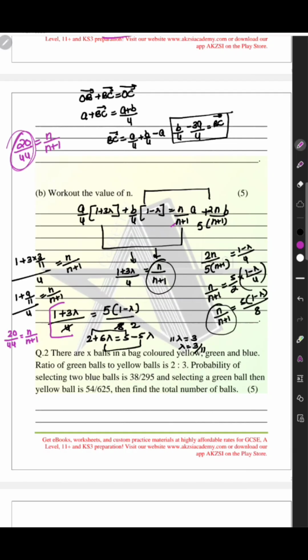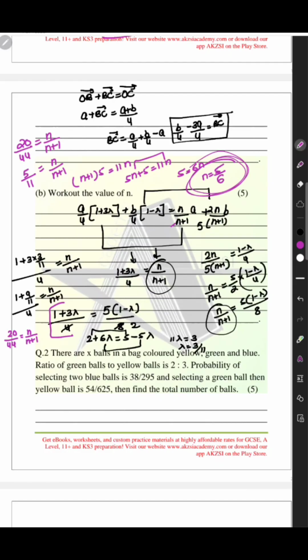Simplifying this one, divide by 4, we'll get 5 over 11 is equal to n over n plus 1, cross multiplying, n plus 1 times 5 is equal to 11 times n. 5n plus 5 is equal to 11n, bring it here. 5 is equal to 6n and n is equal to 5 over 6, and that's the value of n.